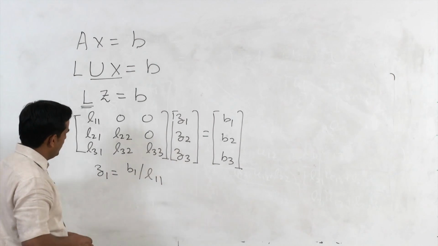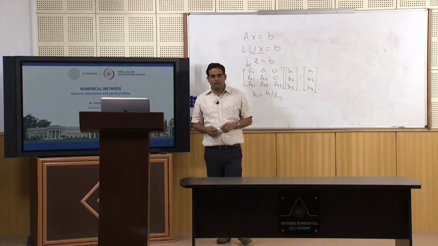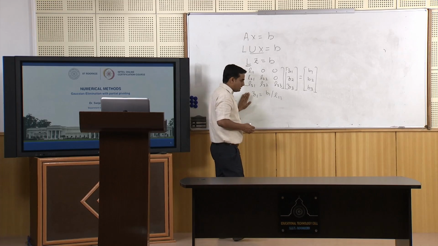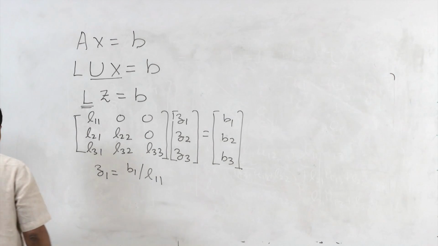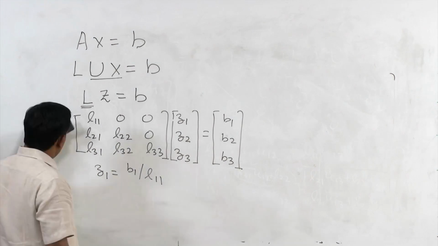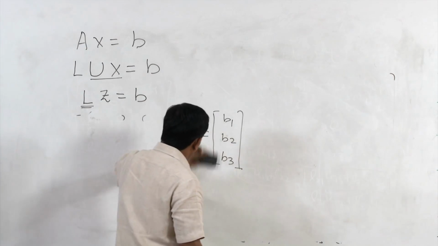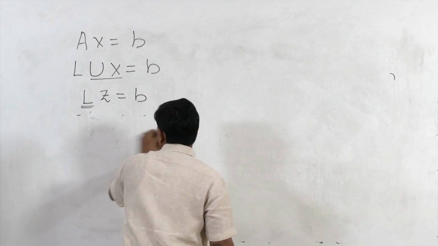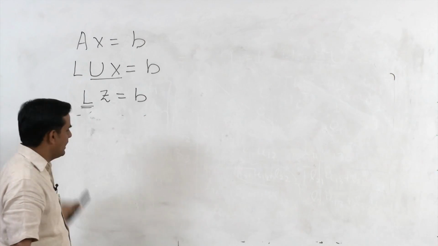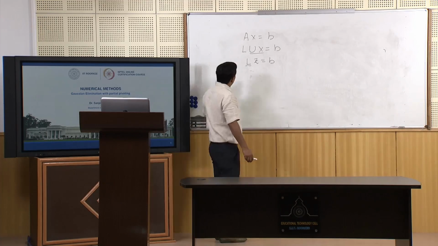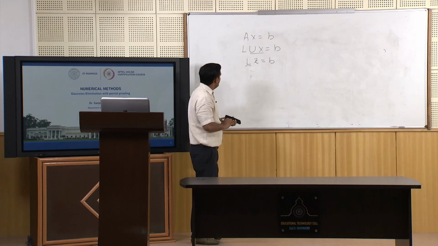So, this is something I am doing like forward substitution. So, making use of forward substitution, I am getting the values of Z1, Z2 and Z3, up to Zn if we are having an n dimensional matrix, and then I can find out the unknown vector Z.